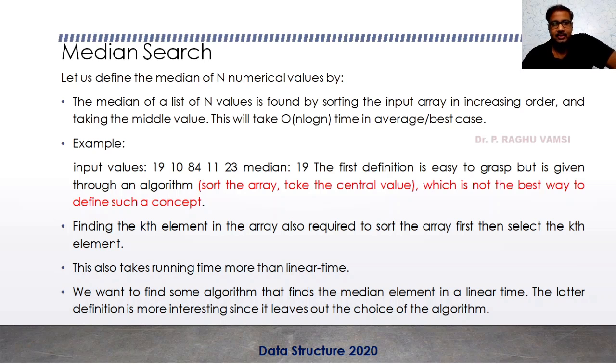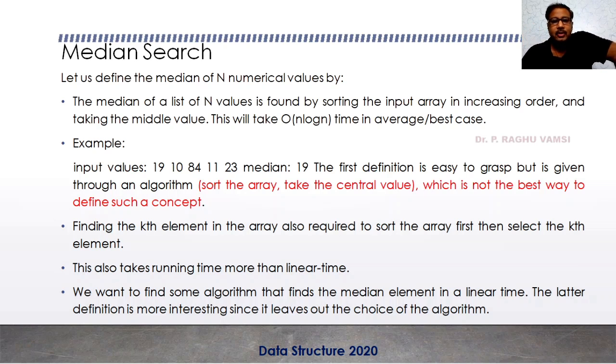Let us define the median of n numerical values: the median of a list of n values is found by sorting the input array in increasing order, as I just told, and taking the middle value. This entire procedure takes time complexity of order n log n in the average or best case.